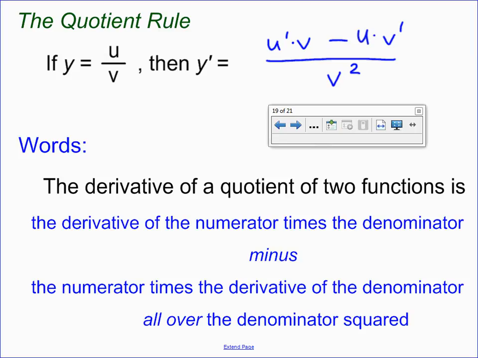Notice how being specific with numerator and denominator, we don't have to worry about which is the first function, which is the second function. We all know what the numerator of the fraction is, the denominator of the fraction is. So the derivative of a quotient of 2 functions is the derivative of the numerator times the denominator minus the numerator function times the derivative of the denominator, and then all over the original denominator squared.